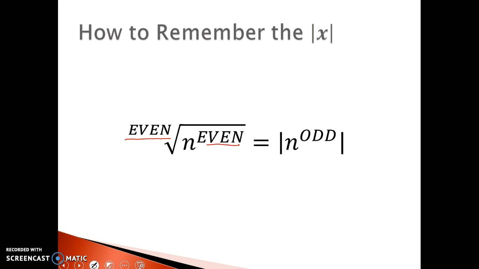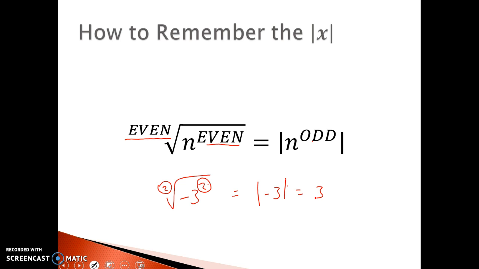So for example, if I took -3 squared and I took the square root of that, I have an even number here and an even number here, and it simplifies to -3 to the first power. Because those undo each other, that's an even, and it simplifies to something that is odd. I have to put absolute values around here because it's going to end up being a +3.